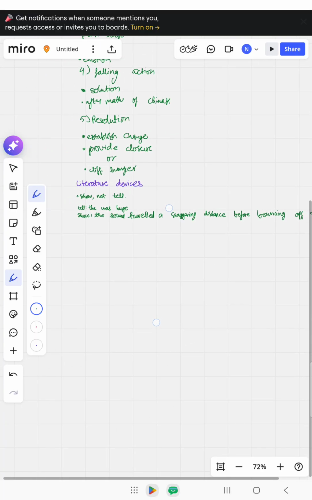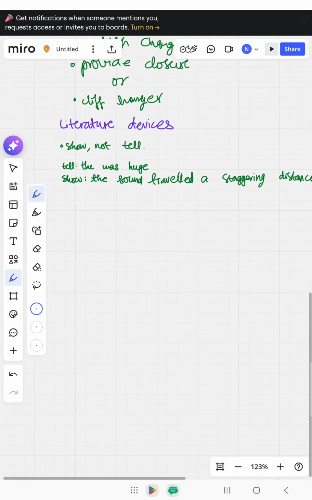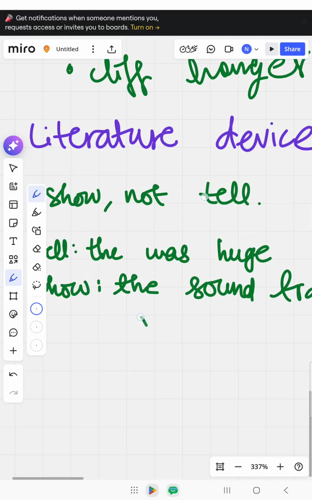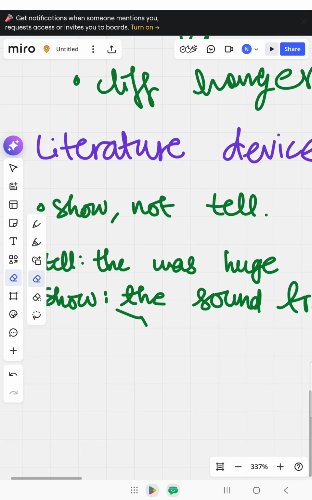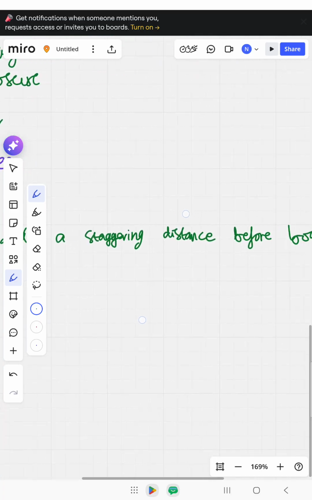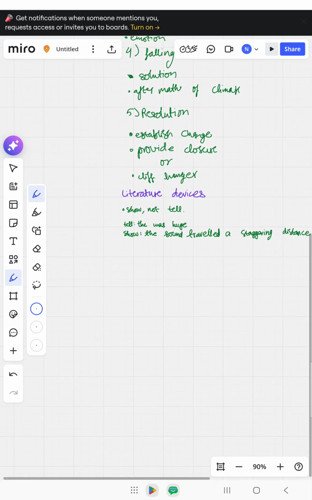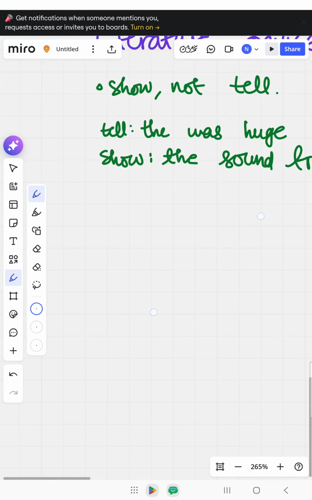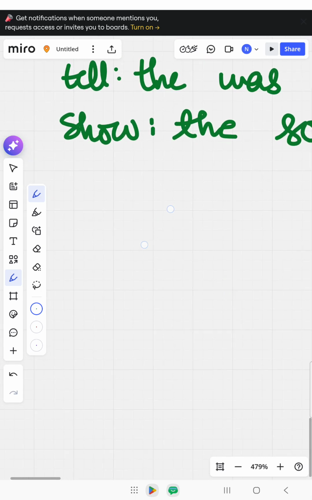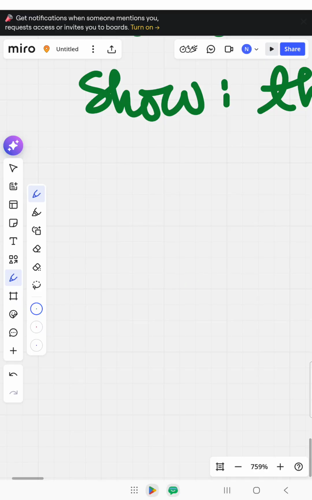So you can see the difference, that like the place was huge, okay? But the sound traveled a staggering distance before bouncing off the walls. So this shows us that the room is in fact big, but it doesn't tell us. So it's more immersive for the reader.